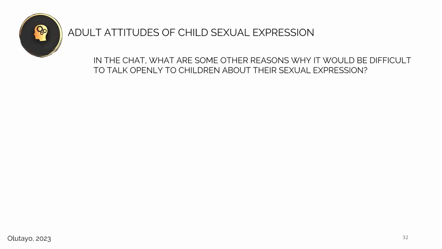They may not be able to verbally express it to someone else. And they're very dependent on maybe one or two specific caregivers. Some other things, fear of overexposing the child to the subject matter without the right words or tools. Yeah, they might not have a trusting adult to disclose to.